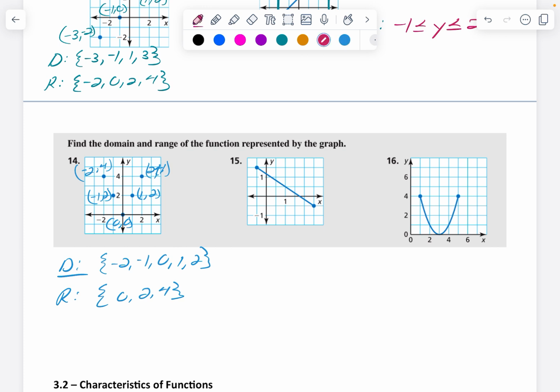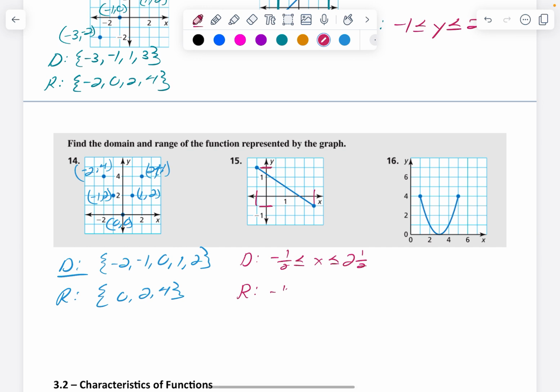For this one, all my x's are in between here and here. So notice each space is worth a half, right? 2 spaces are 1. So my domain, it goes from -1/2 to 2.5. And the range goes from -1/2, so here to here.